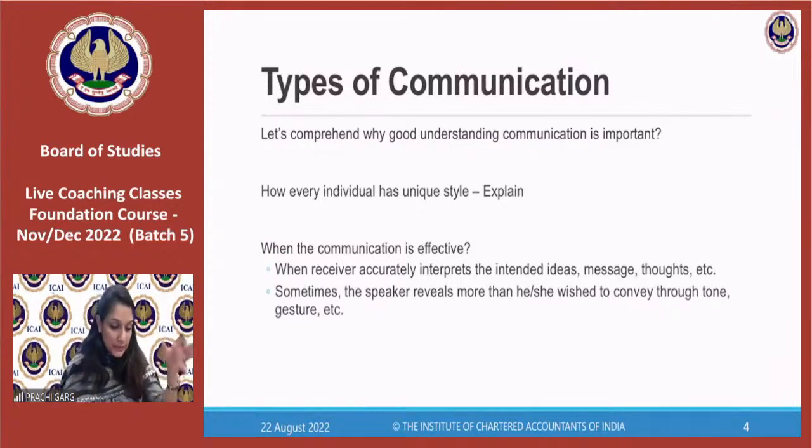Okay. So basically, if I have to tell you, it enhances personal and professional relationships. If you understand the different styles and different ways of talking and the different mediums, that can help you improve your professional and personal relationships because you will understand everybody's style and what they're trying to say.